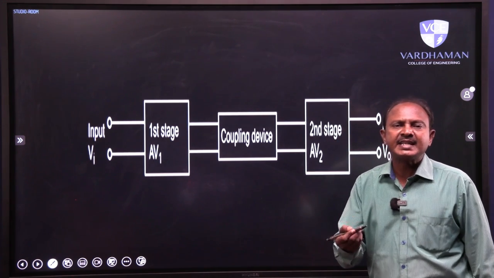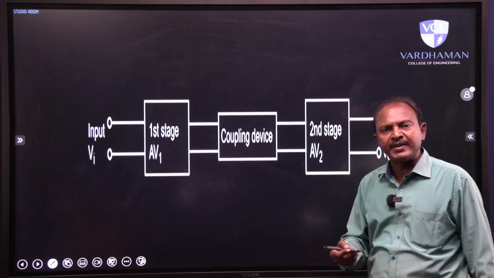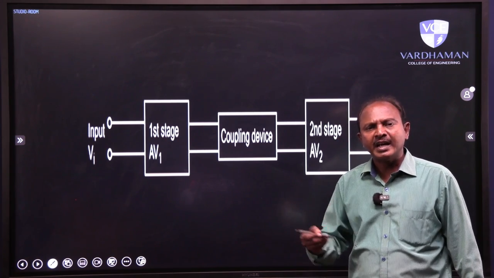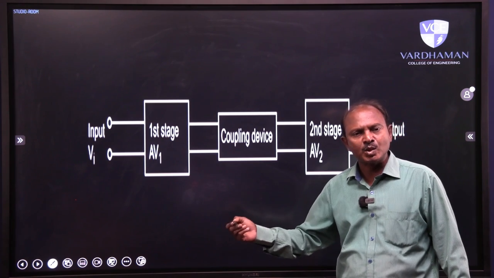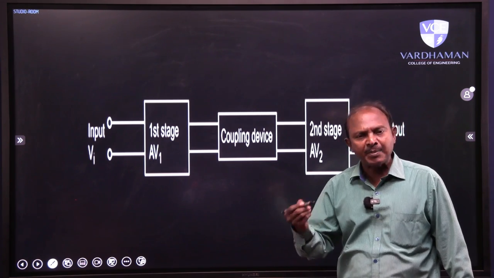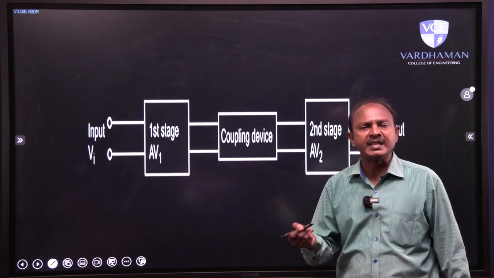I said multi-stage amplifier is having high gain. Basically, multi-stage amplifiers are high gain amplifiers. High gain is meant for amplifying very weak signals. So basically, multi-stage amplifiers are capable of amplifying or improving the strength of very weak signals.